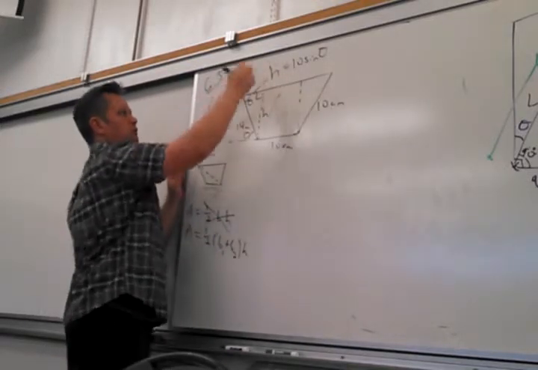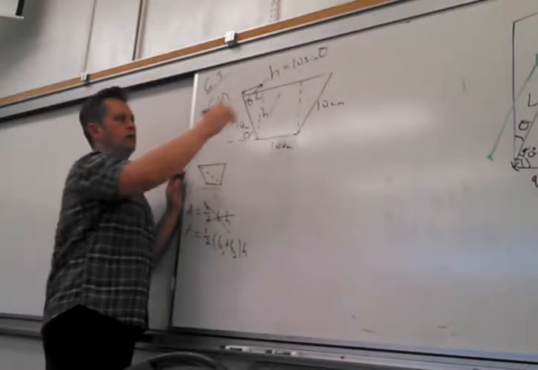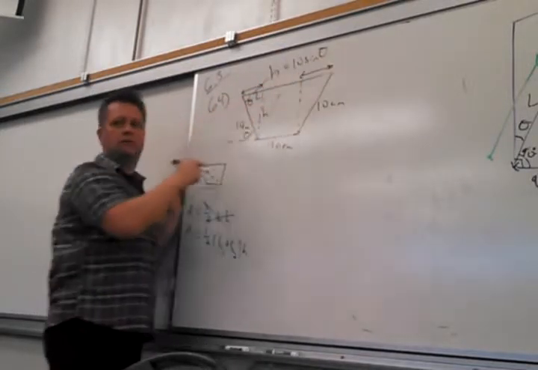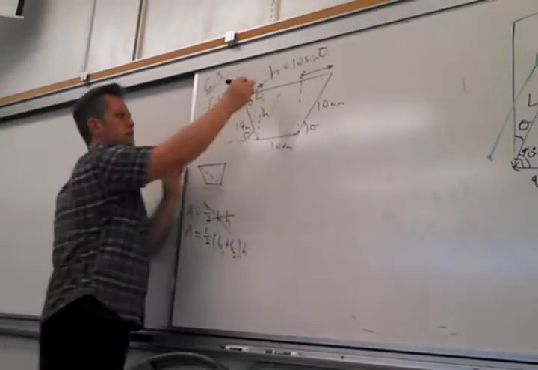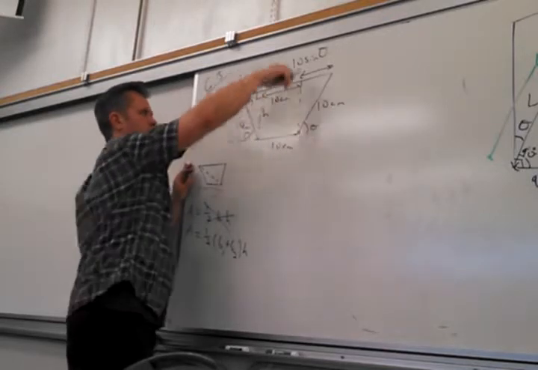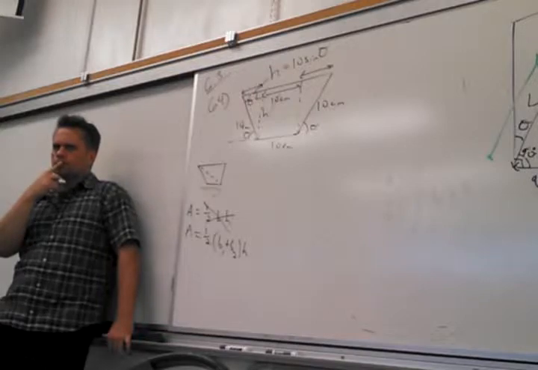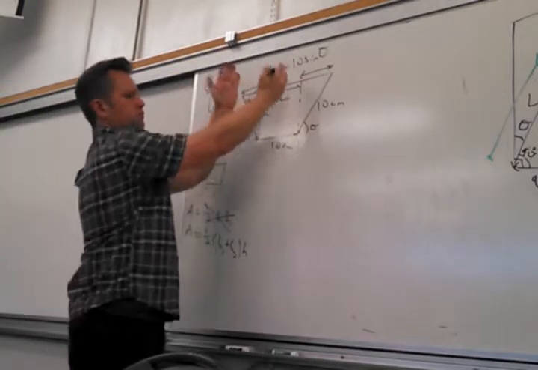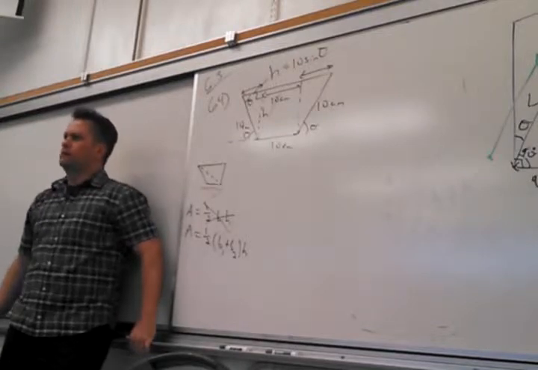We don't know what base 2 is, but we know we can figure out what this is, right? And how will that relate to this? Same thing, because they raised it by the same amount on both sides. And then what's this? 10 centimeters, because supposedly it's a square or a rectangle in the middle, because these went straight up, especially if you drew them straight, which I just didn't want to.